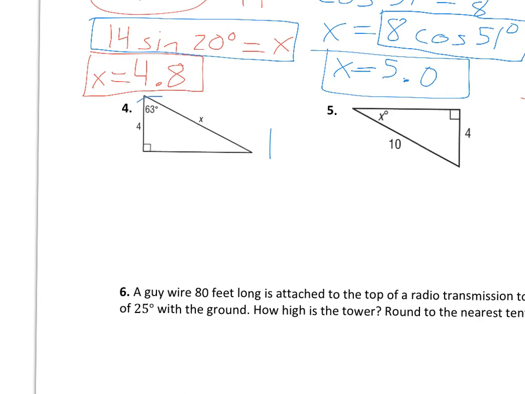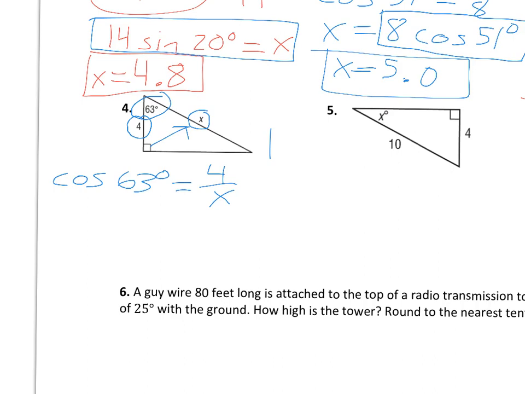Okay, so here we have an angle. This would be adjacent. That's obviously the hypotenuse because it's across from the right angle. So what uses adjacent and hypotenuse? Cosine. Cosine of the angle equals adjacent over hypotenuse. So this is the same as the last one.